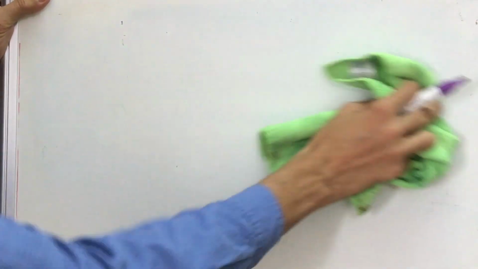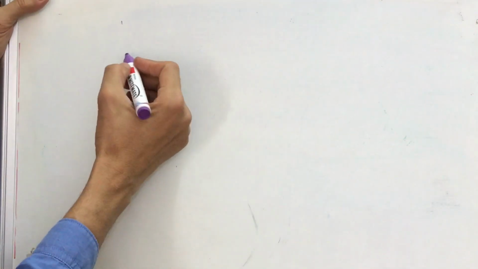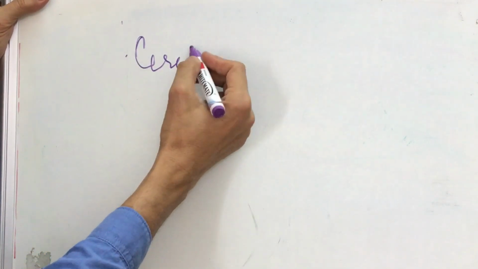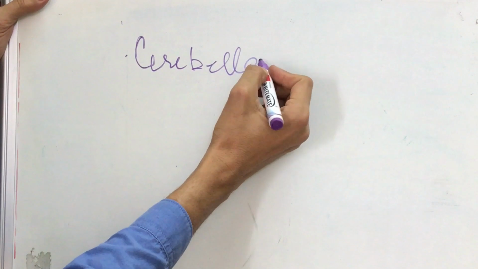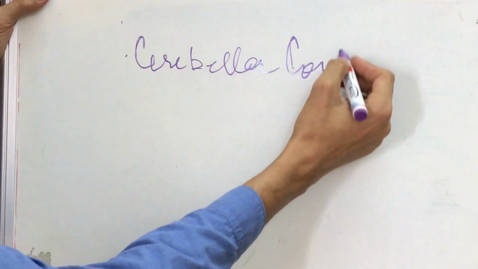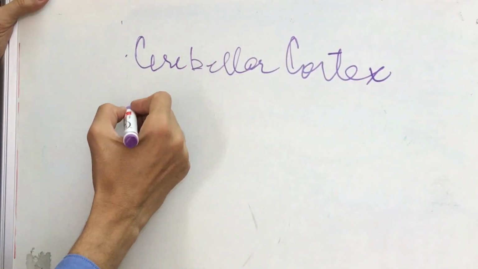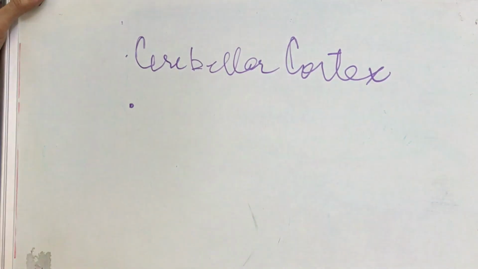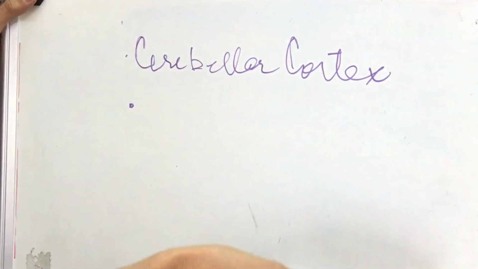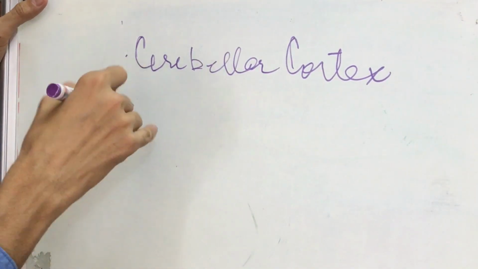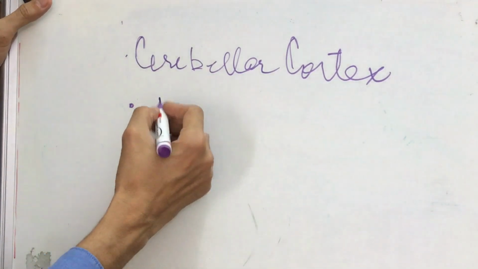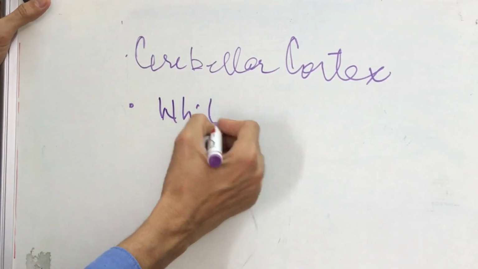So histologically, it is divided into three parts. Outermost is the cerebellar cortex. Then there is the medial one, that is the medulla. Cortex and medulla. The medulla is mainly made up of white matter.